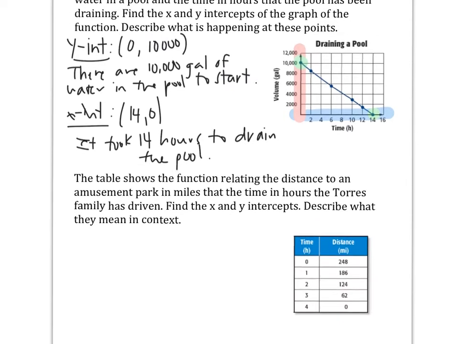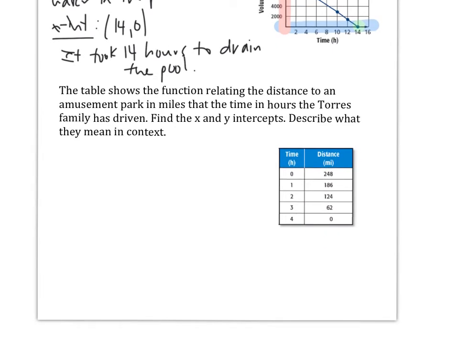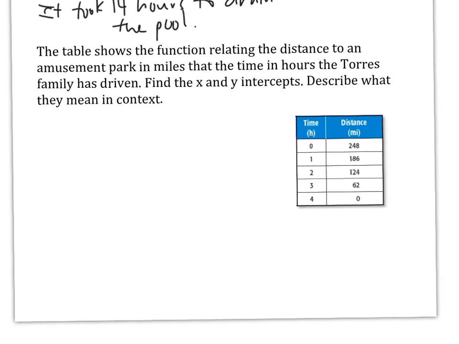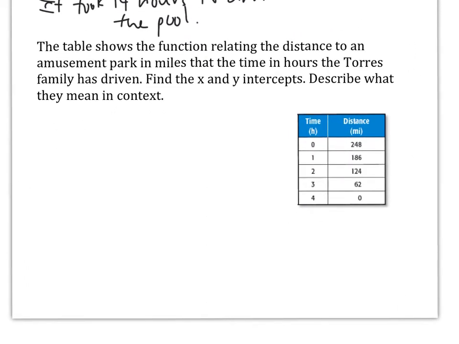Okay, let's move on to the next example. The table shows the function relating the distance to an amusement park in miles and the time in hours that the Torres family has driven. Find the x and y intercepts. Describe what they mean in context. Looking at the table, as you recall from the last slide, we want to figure out when the opposite variable is 0.